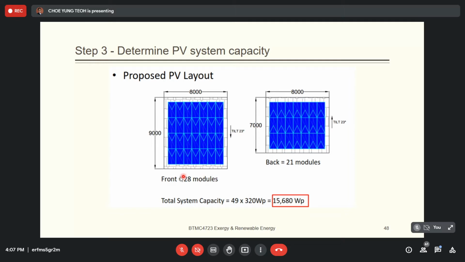Let's say in the front part I can put 28 pieces, but one piece is covered by a tree for 1 hour. In that case you need to make a necessary adjustment. You can remove it to make it only 27 modules, or you need to have a bypass system.